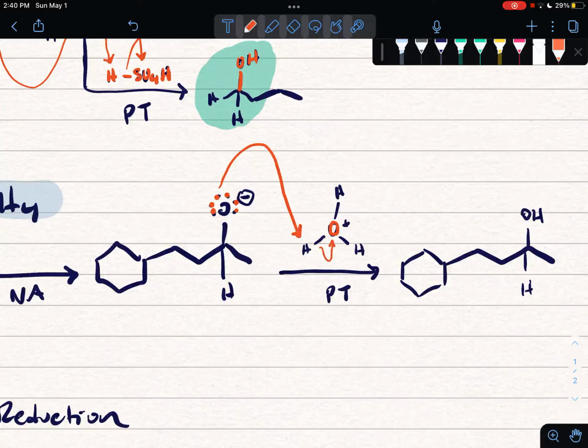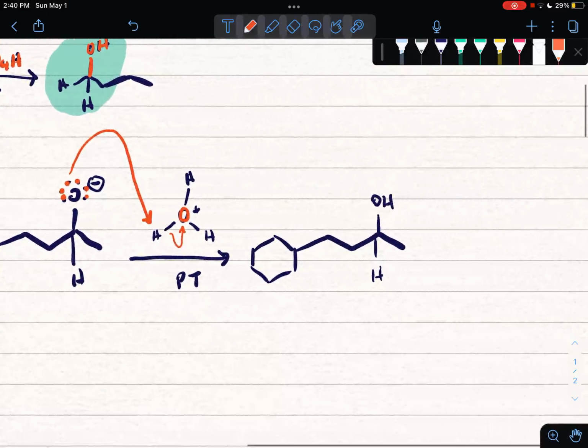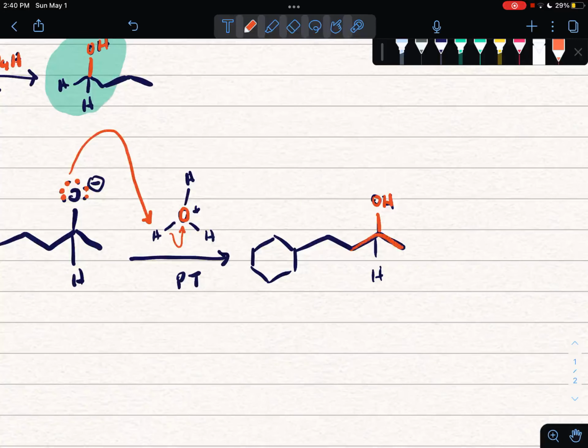These electrons will go back to the oxygen, and we will form our alcohol. And like I was leading up to before, this is a secondary alcohol because the alcohol is attached to a carbon that is attached to two other carbons. And we also form water.